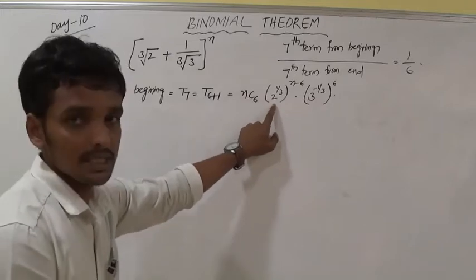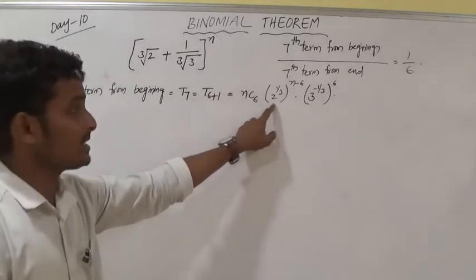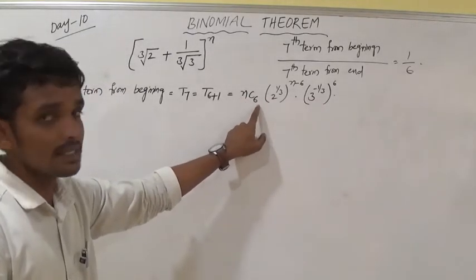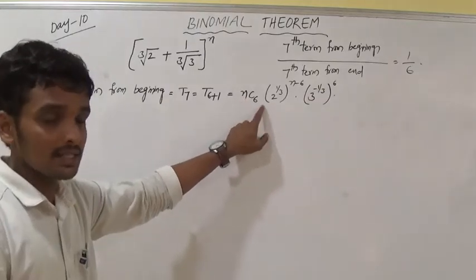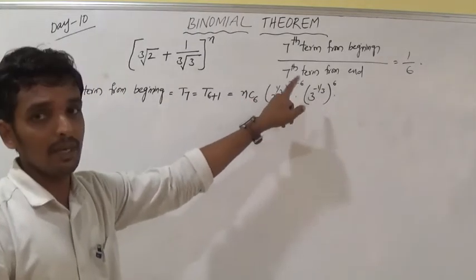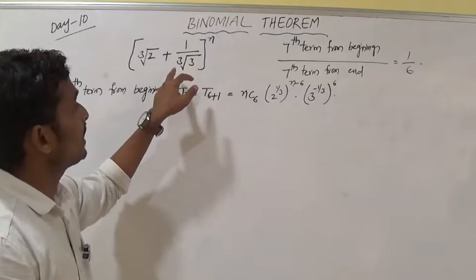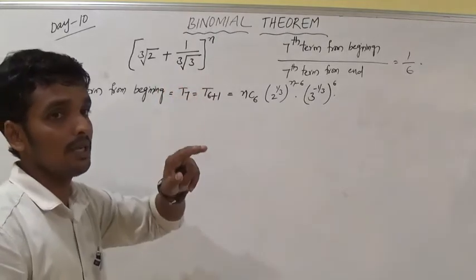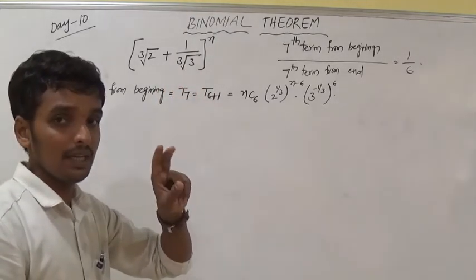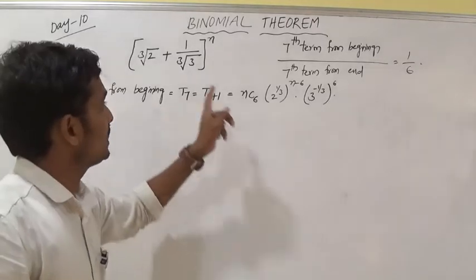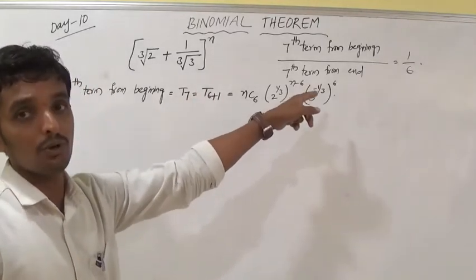Cube root of 2 means 2 power 1 by 3, power n minus r, where r is 6, so power n minus 6. And 1 by 3 root 3 means 3 power 1 by 3 coming to the numerator, that is 3 power minus 1 by 3, whole to the power of 6.